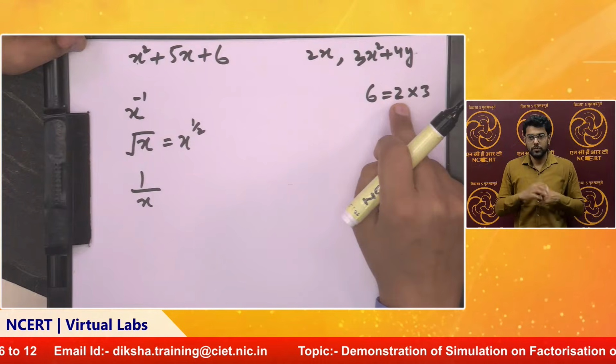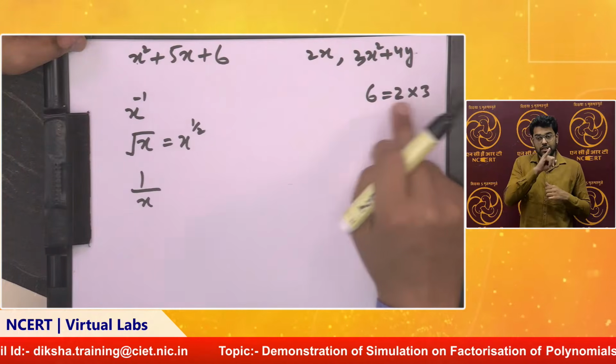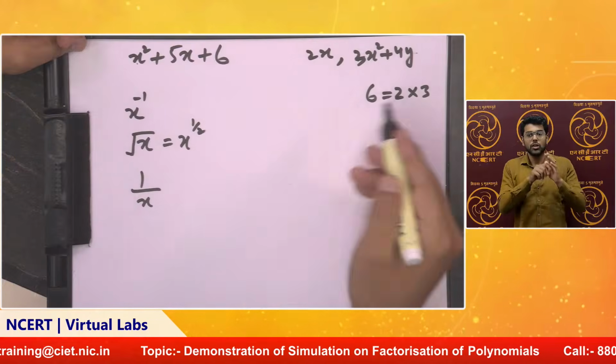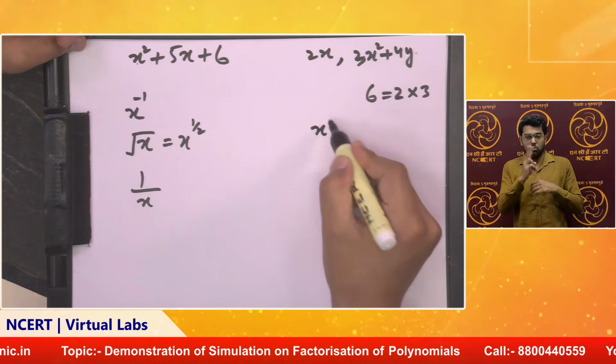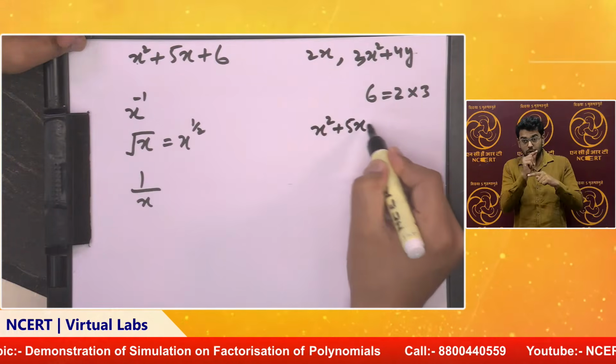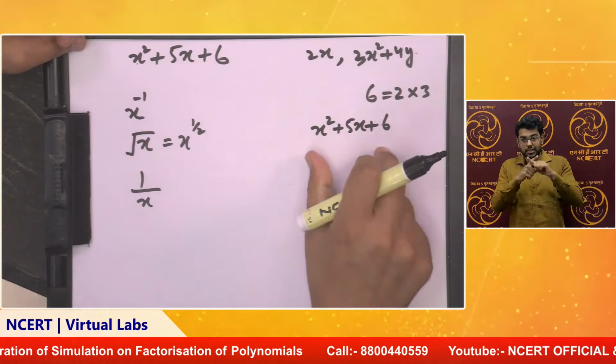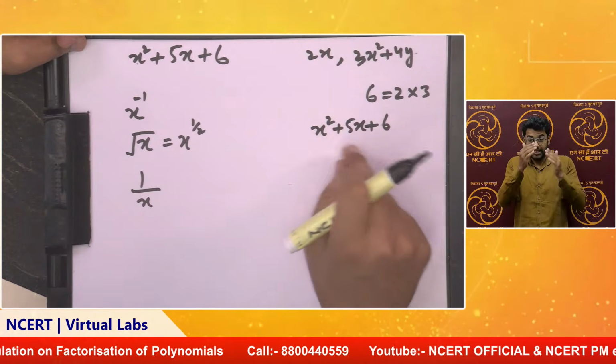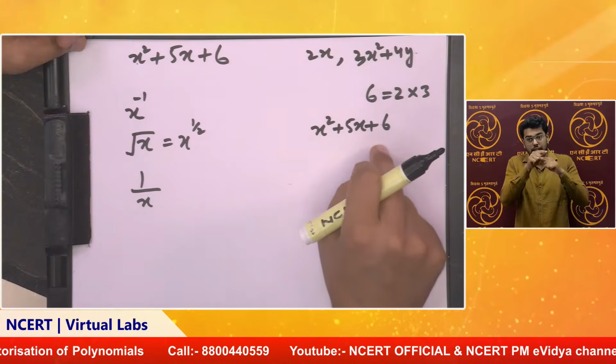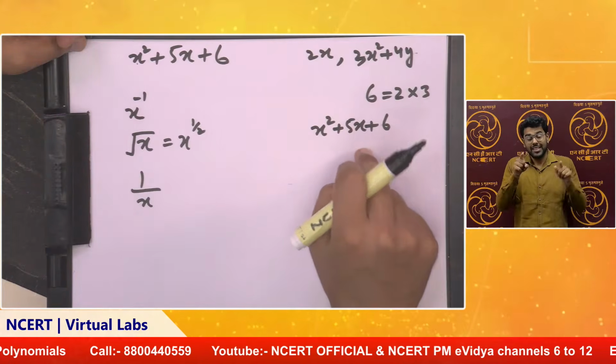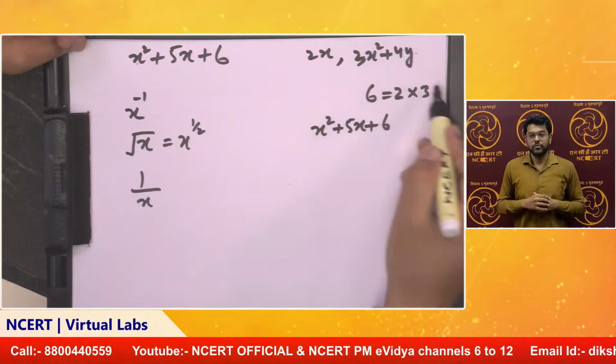So we say 2 is a factor of 6 and 3 is a factor of 6. Likewise, we have this polynomial x square plus 5x plus 6. We will find some smaller polynomial which will exactly divide this polynomial, and that will be the factor of this polynomial, like we have seen here.